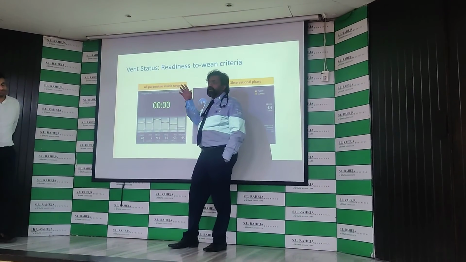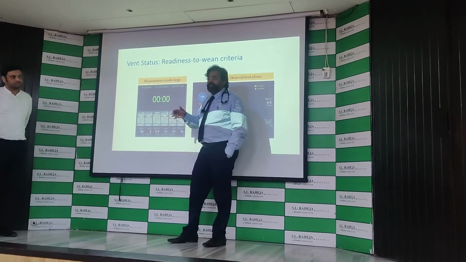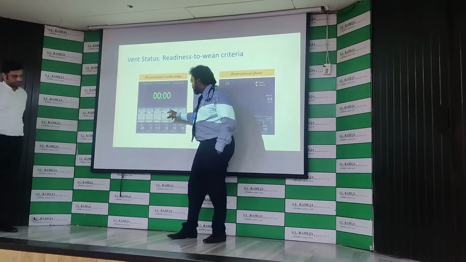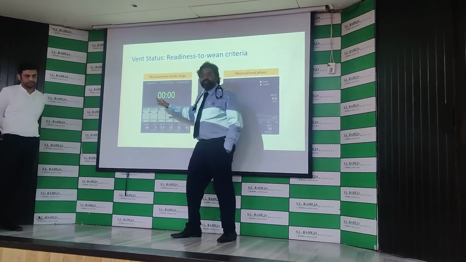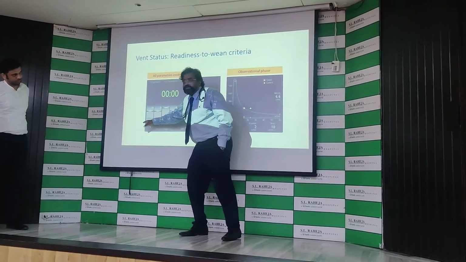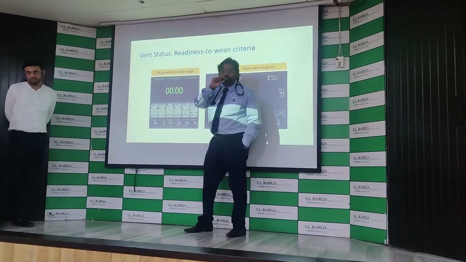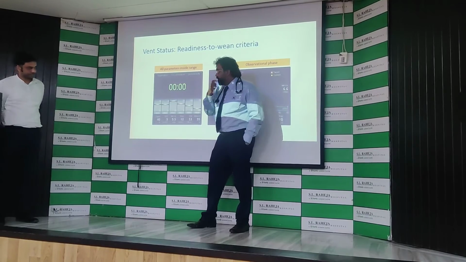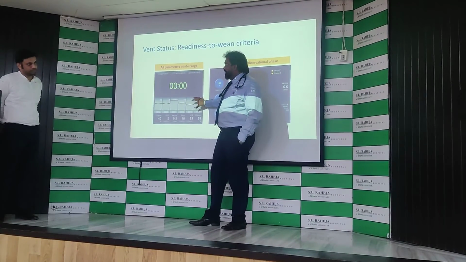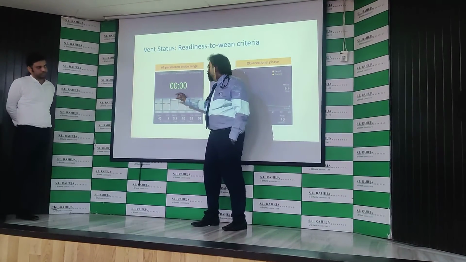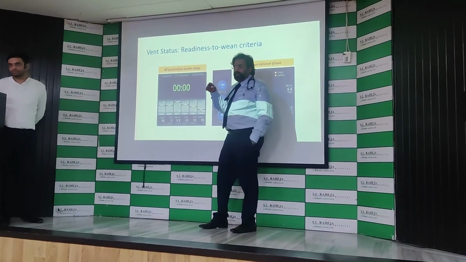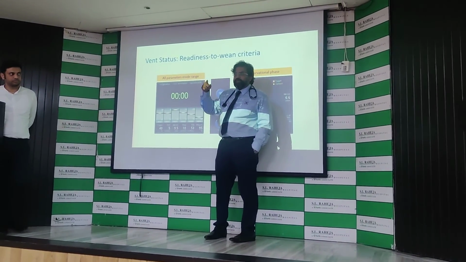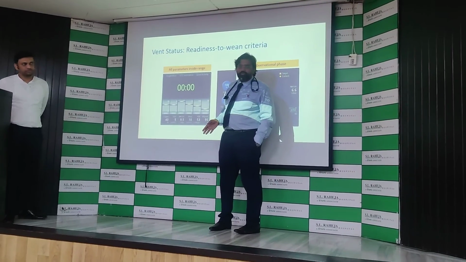If the inspiratory pressure is less than 15, the PEEP is less than 8, and the FiO2 is around 40%, which are our standard extubation or weaning parameters, then it automatically goes into this timing, and the timer keeps on running.